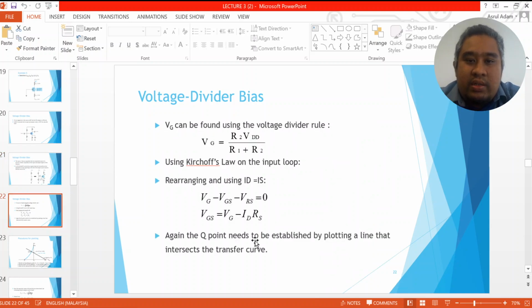Then we assume that ID equals IDSS, and we can find VGS by using KVL. So our VGS equals VG minus ID RS.